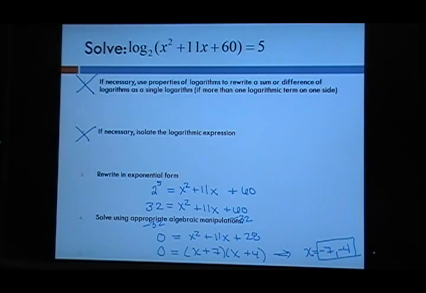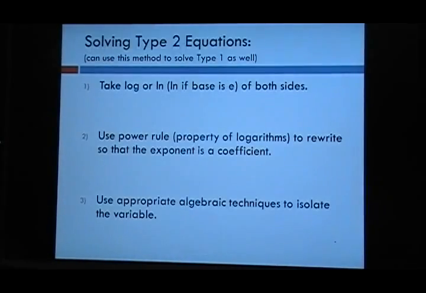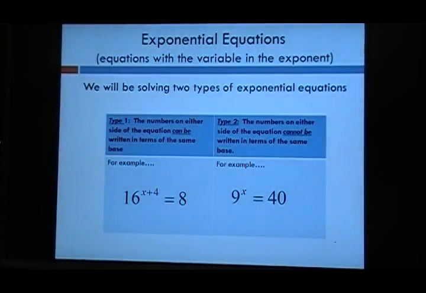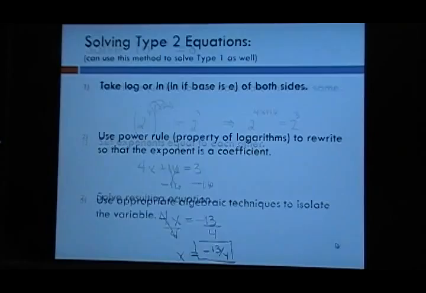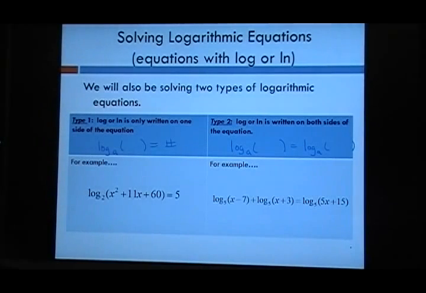And something that I don't have on here, and let's actually go back to the very first slide, and let's write it in our notes here. First slide of logarithmic equations. When you're solving logarithmic equations, you must always check for extraneous solutions.